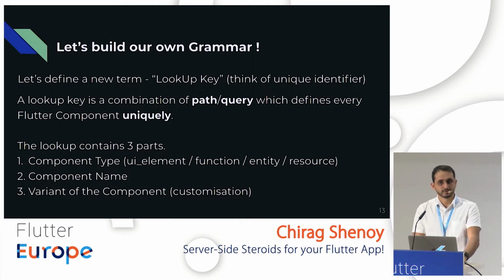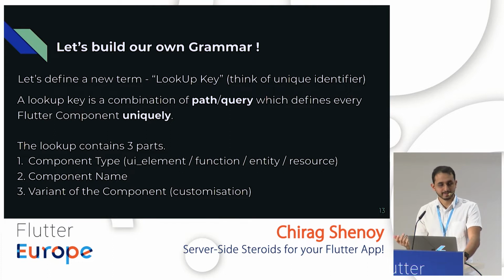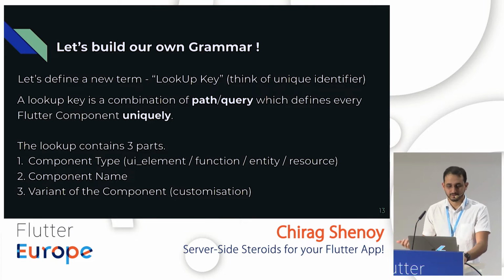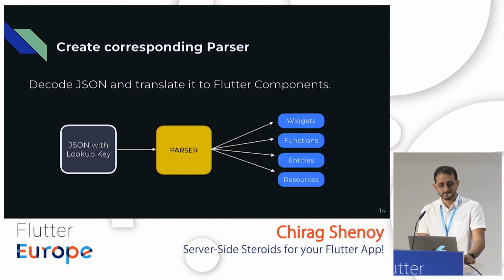This lookup key, or the unique identifier, we broke down into three parts. The first part is the component type. This would mean whether it's a UI element or a function or an entity or resource. These are the 4 things that you just saw in the previous slide. And then a component name, and then a variation of that component. That's basically the customization of that component. We'll see a few examples of this a little later on.